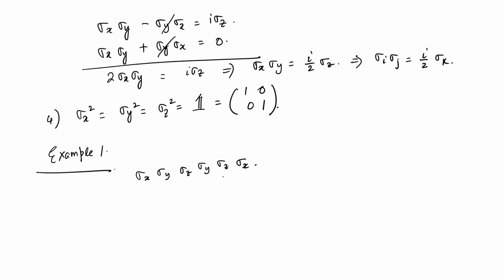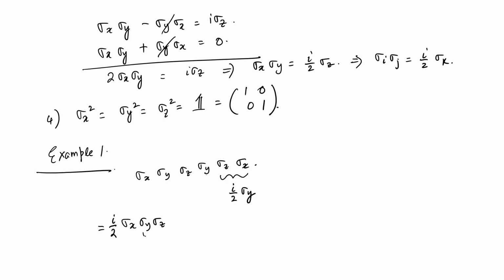Here you have sigma z sigma x, which is equal to i sigma y. And then you have a sigma y here. This sigma y and this sigma y will give you 1, because sigma y square is equal to 1. So till now we got sigma y sigma z, with an i coming in, and the rest will be equal to 1.